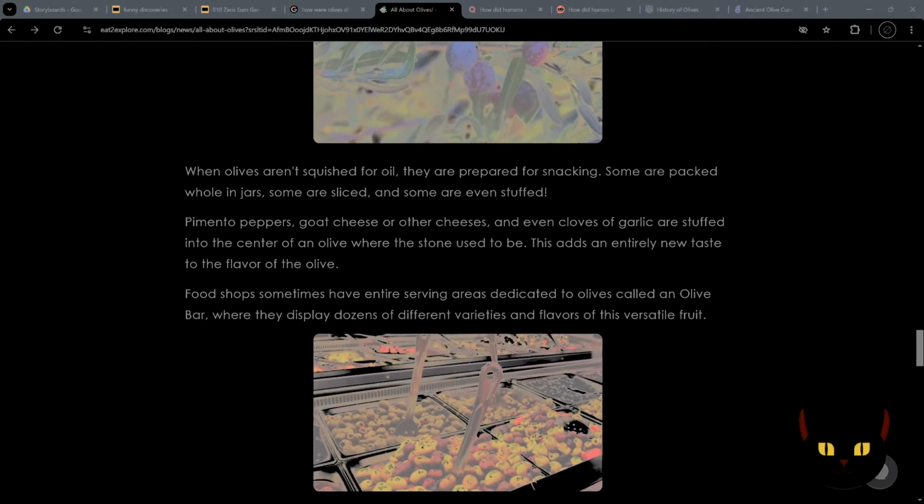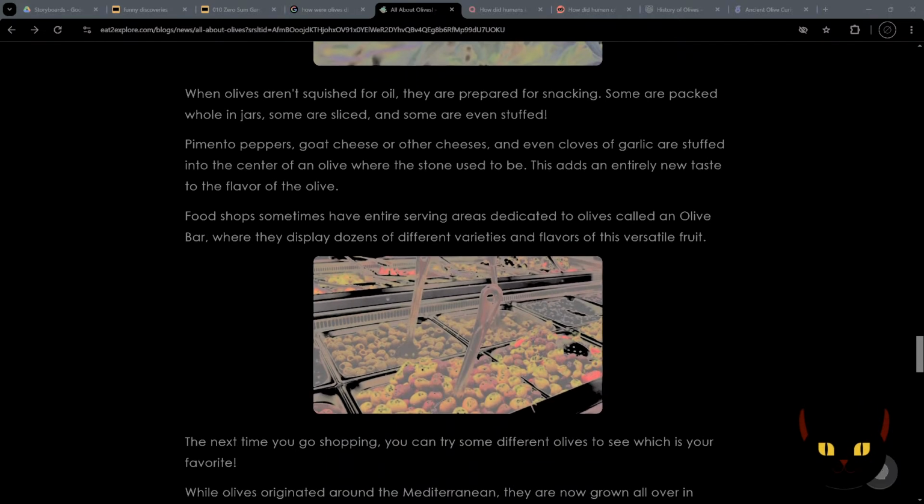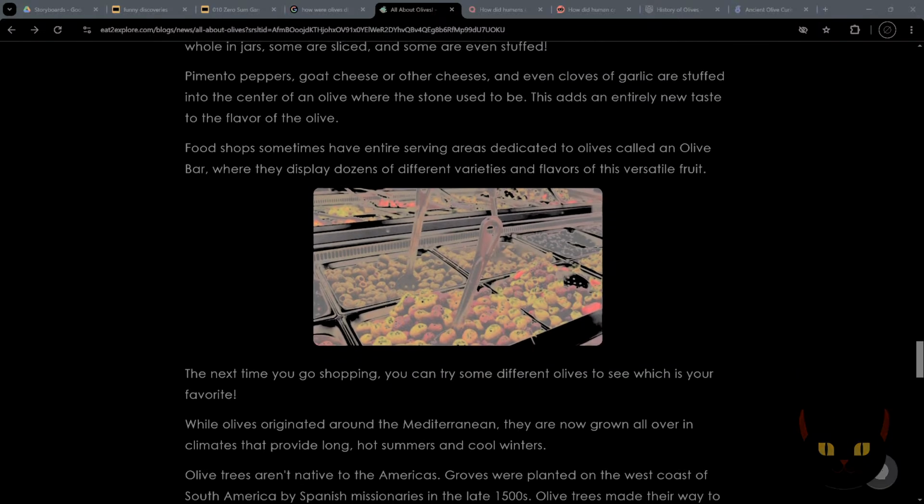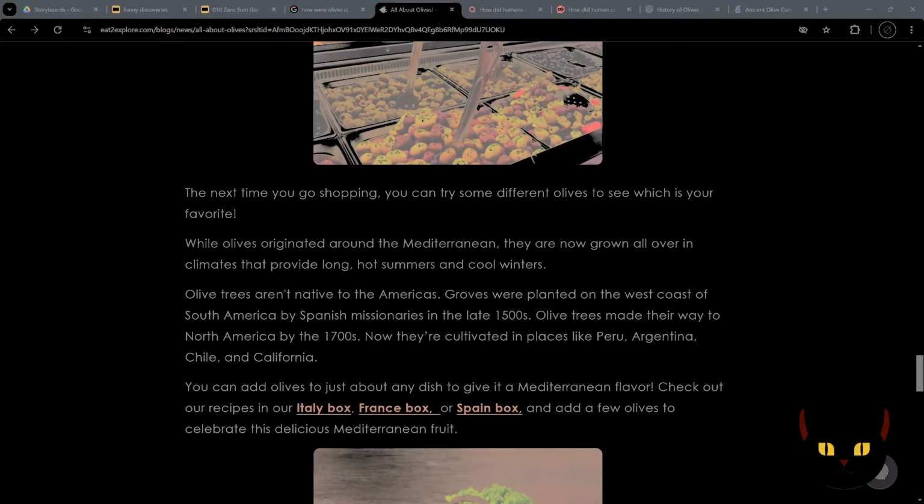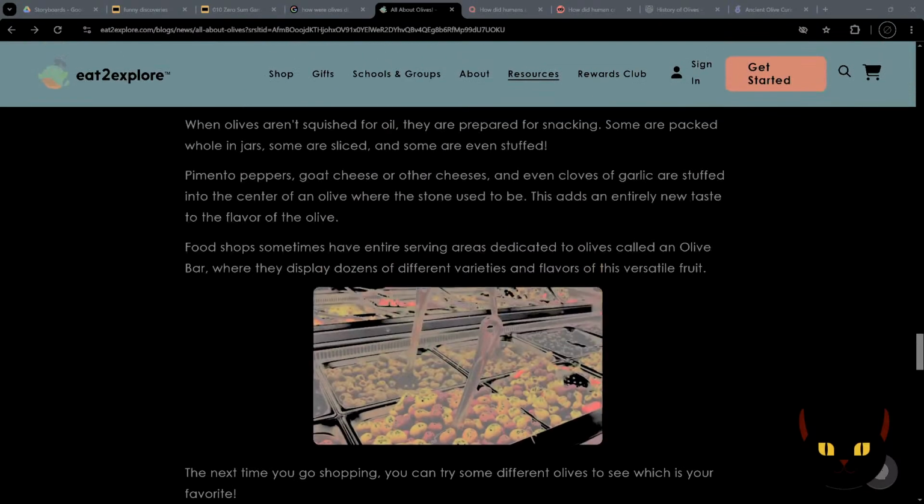I like them when they're fully ripe, like some in the back corner of this picture that are much darker. And I like them when they've been brined pretty thoroughly too. I don't like the bitter flavors. Some people do.